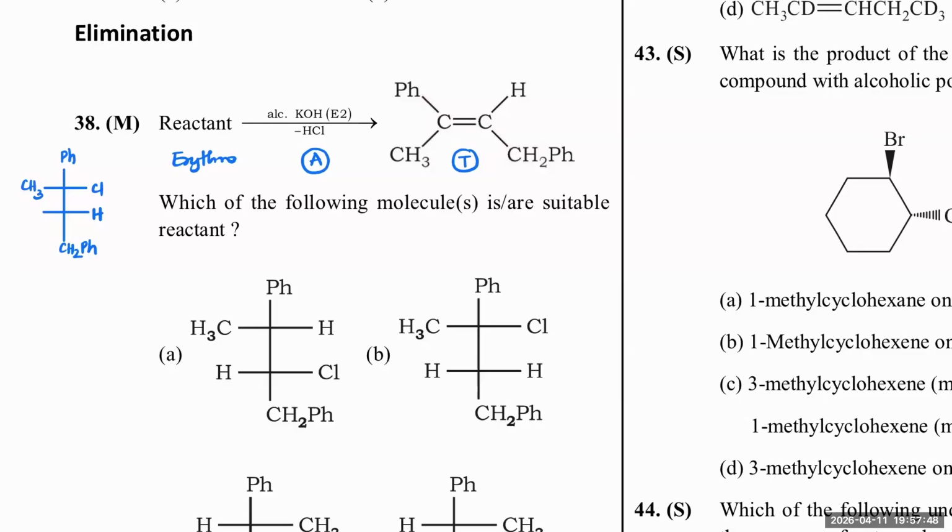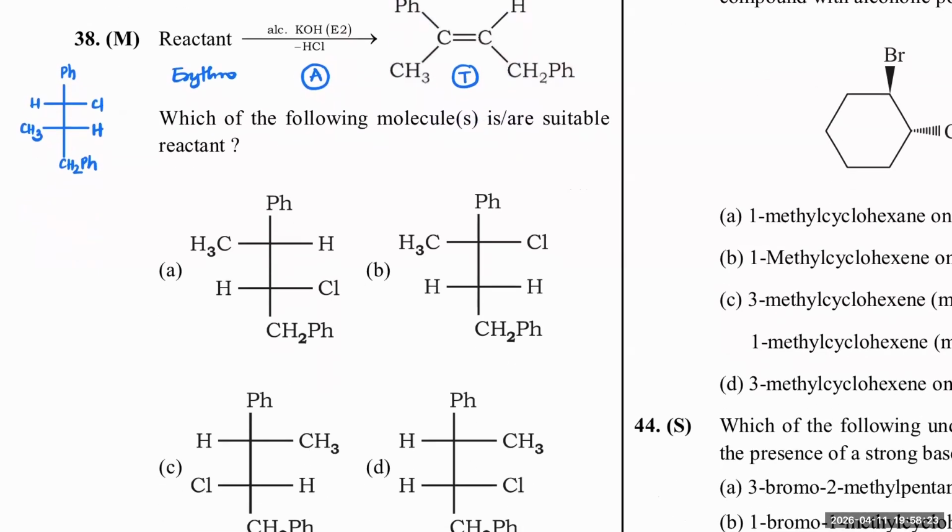Correct. And sorry, H here and CH3 here, like this it should have been. Because now you do the reverse one. This is an erythro form of H and Cl. Remove it off by anti-elimination. Then this group and this group should become trans to each other. Right? So if those two are trans, then these two will be automatically trans to each other. Okay. So I think this is correct.